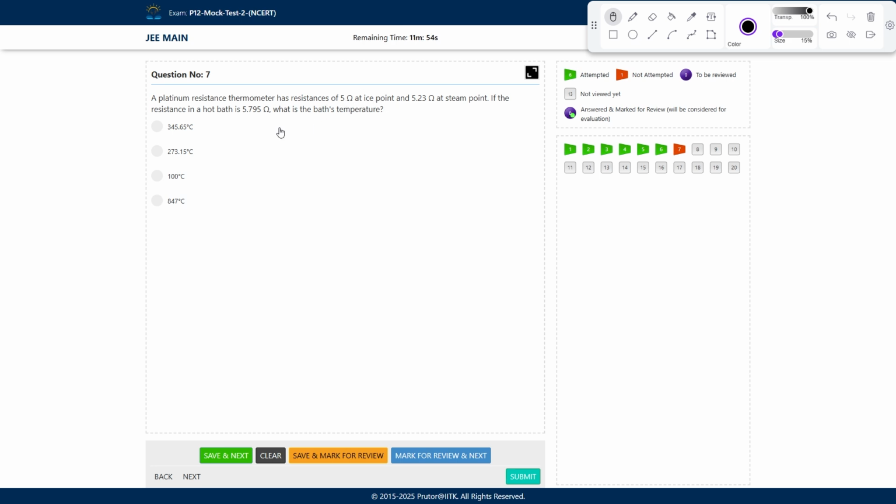So 5 ohm at ice point, which is 0 degree Celsius, and resistance at this 0 degree Celsius is R0, which is 5 ohm. Then at steam point, which is 100 degree Celsius, the resistance will be 5.23 ohm.